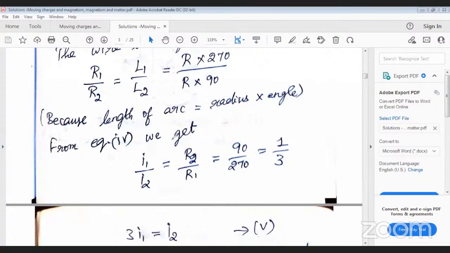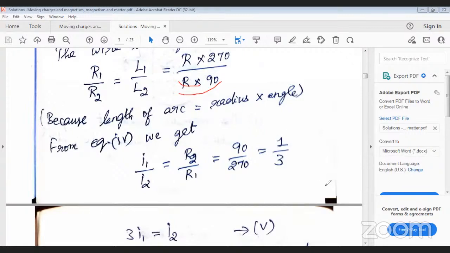I1 by I2 equal to R2 by R1. R2 by R1 means you can see this expression. So this is R1 by R2, so what I am doing is I have to put R2 by R1. That will give you 90 by 270. That will be 1 by 3. So I1 by I2 equal to 1 by 3.